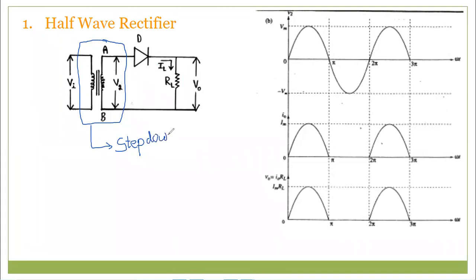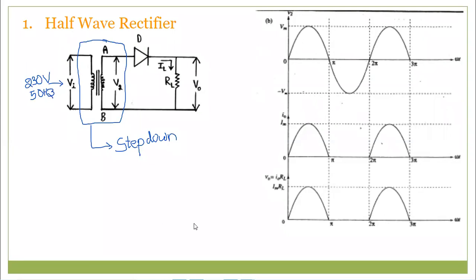Now what will this step down transformer do? The supply to this transformer is 230 volt, 50 hertz power supply. That will be given to the primary of the transformer.